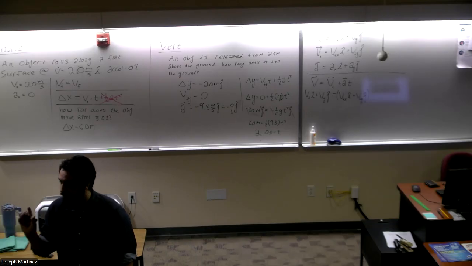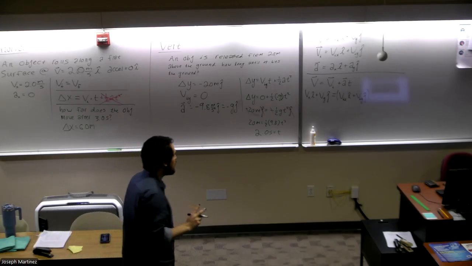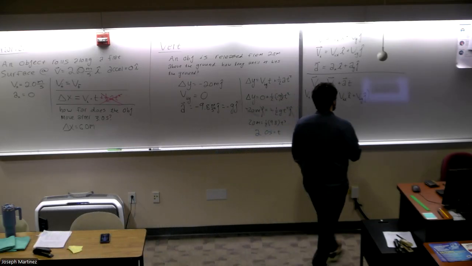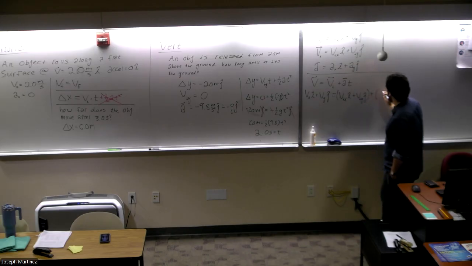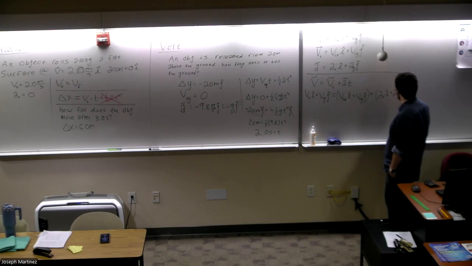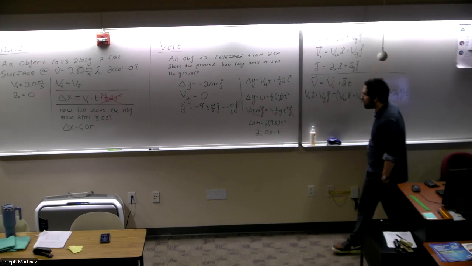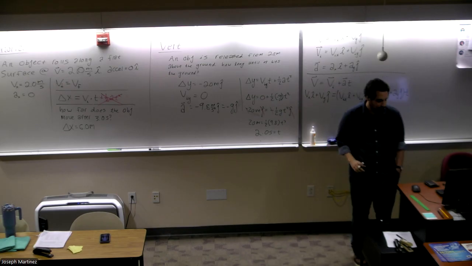Do we see how I put in those two so far? Yes? Seems all right. And then we're going to add to that our acceleration, which is Ax i-hat plus Ay j-hat multiplied by time. So we get this relationship.